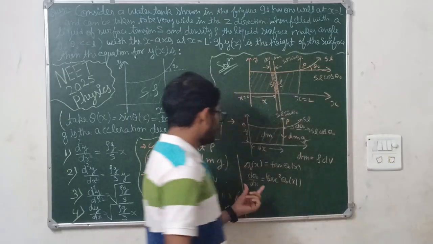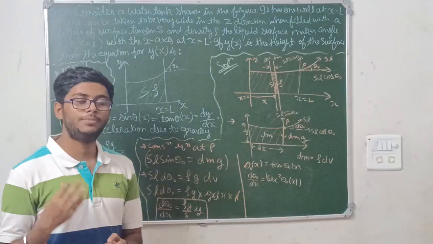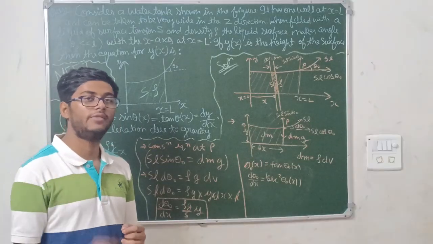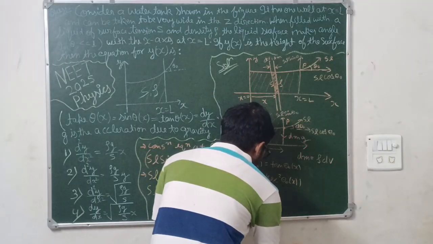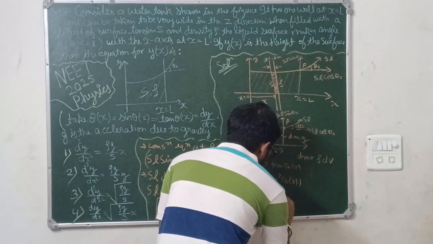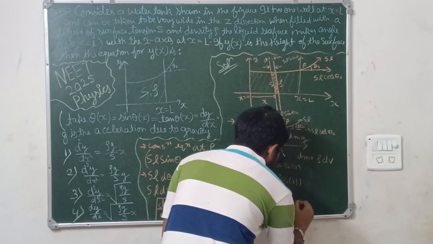Now, in calculus, whenever you study basic maths, the slope is given by dy by dx. So you know that dy by dx is nothing but tan theta naught x.